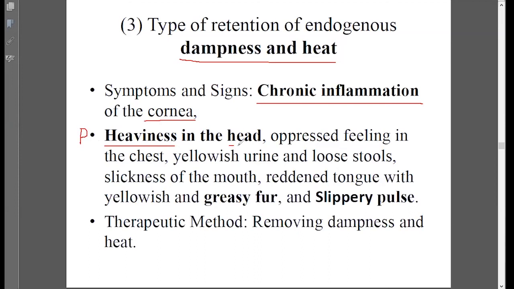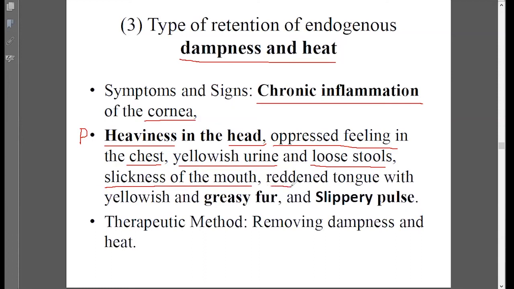Other pattern symptoms, generally heaviness. Heaviness in the head, and can also feel some pressure in the chest. The internal heat can cause yellow urination, and the dampness causes loose stool and a sticky feeling in the mouth.